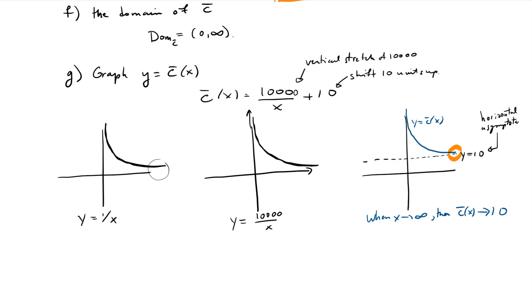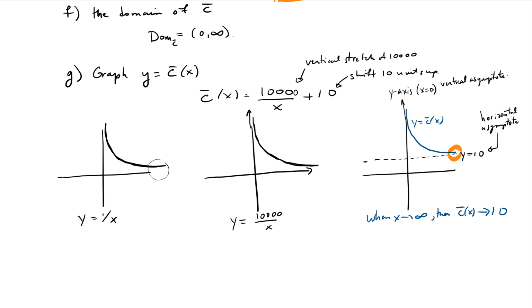And maybe I should add also that the y-axis, which is also the same thing as x equals 0, is a vertical asymptote. A vertical asymptote is typically a vertical line such that when the x values of your function get close to it, the y values tend towards infinity.